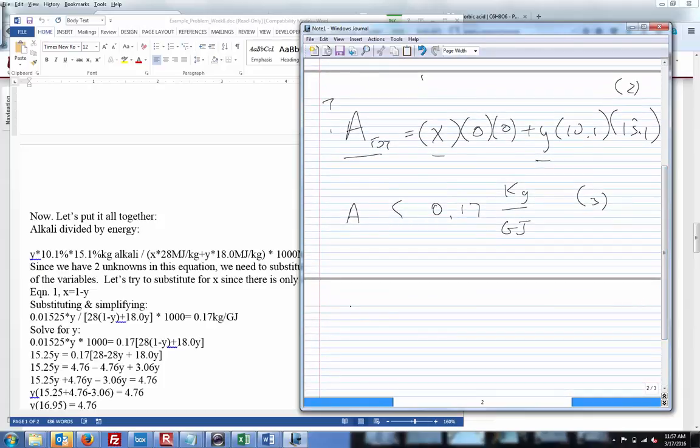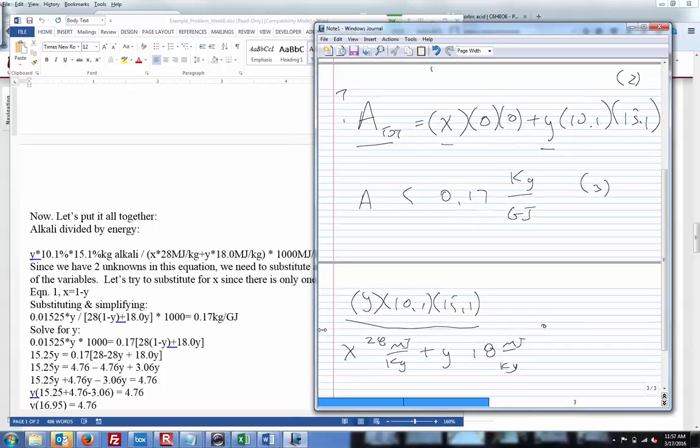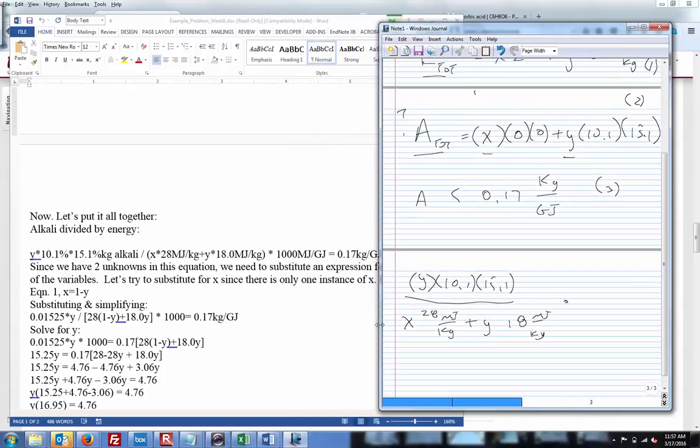So what we're looking at is equation 2, which is Y times your 0.1 times your 0.15, divided by X times your 28 megajoules per kilogram plus Y times 18 megajoules per kilogram. Keep the units in there. Times, now here's kind of the little tricky part with the units, 1,000 megajoules per gigajoule.